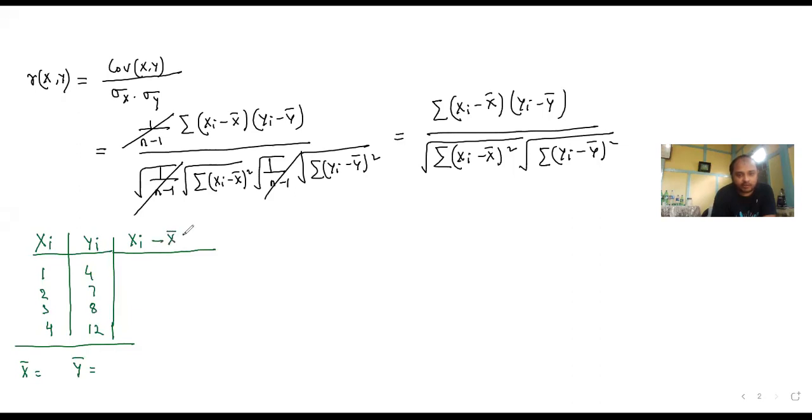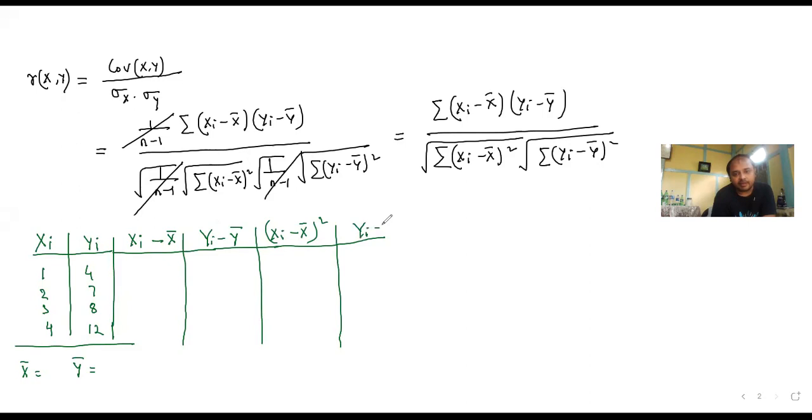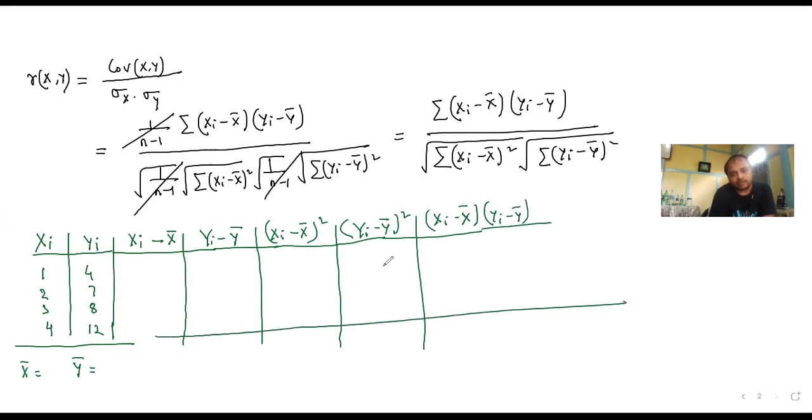Then we introduce the columns xi minus x bar and yi minus y bar. Then we introduce columns xi minus x bar squared and yi minus y bar squared, and lastly xi minus x bar into yi minus y bar. All the summations calculated from this chart will be put over here and the result will come out.